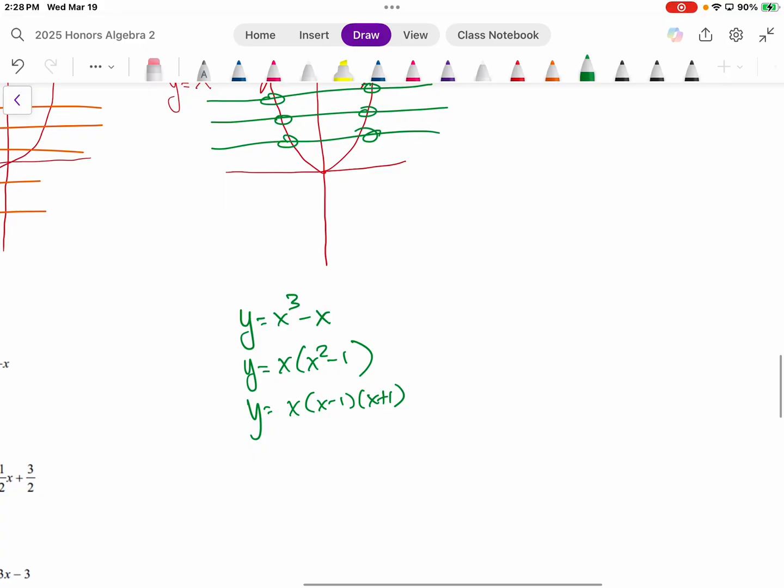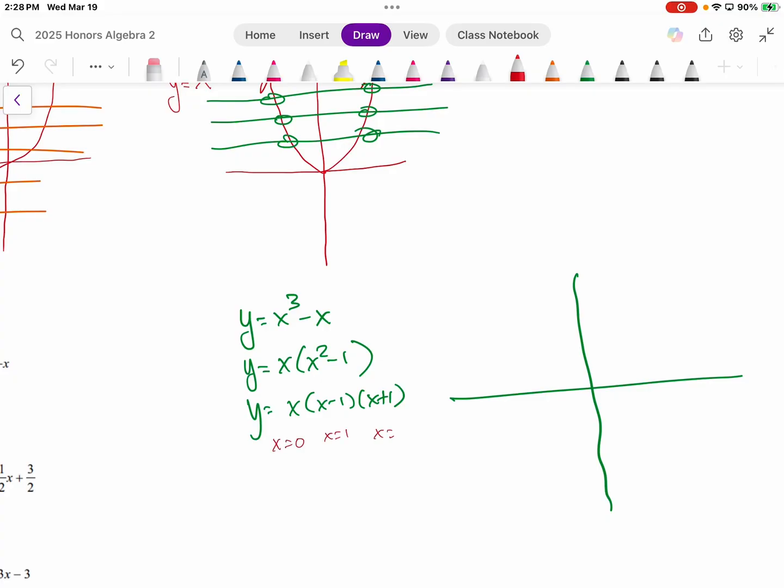Now when I sketch the graph, I have zeros at x equals 0, x equals 1, x equals negative 1. So at negative 1 I cross, at 0 I cross, and at positive 1 I cross. My leading coefficient is positive, so I start down here, go up, curve back down, go through the origin, curve, go back up through the other 0, and there's my graph.